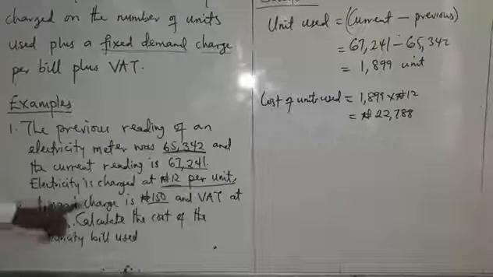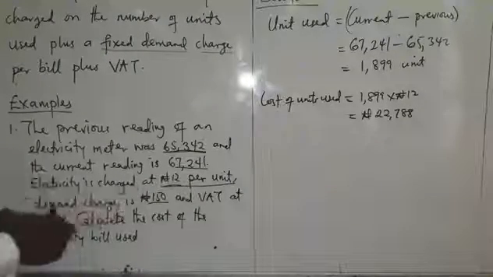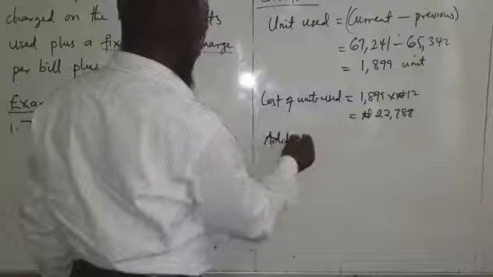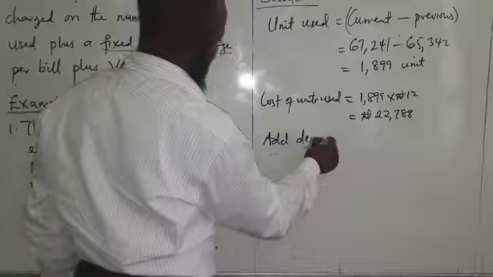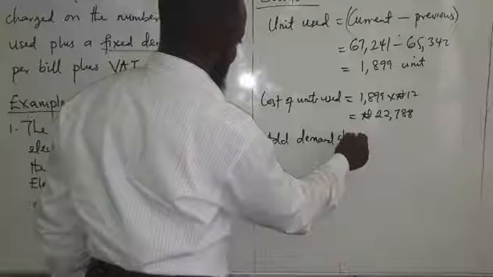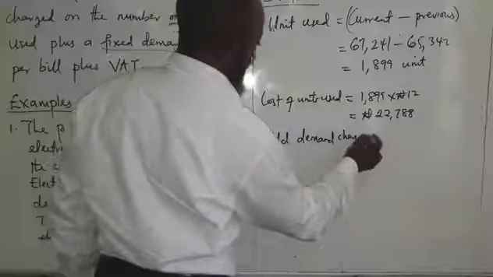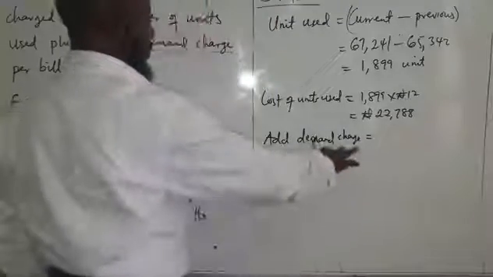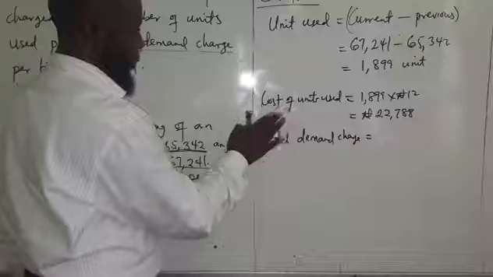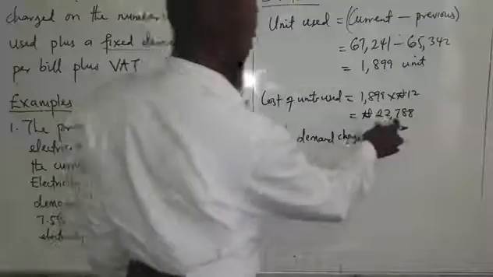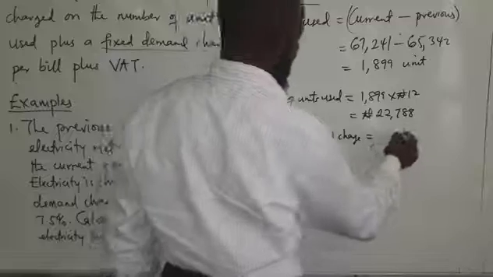Then demand charge is 150 naira. So add demand charge. Whether you use it or you don't use it, this one will be there. Every month they will be keeping it for you. Anytime you start using it, you add everything back. So in that case, you are going to add 150 naira to it.